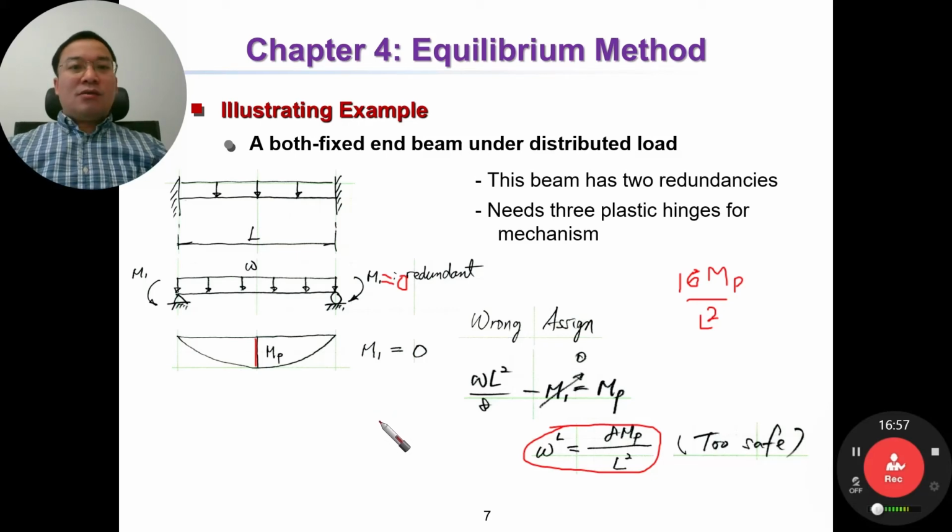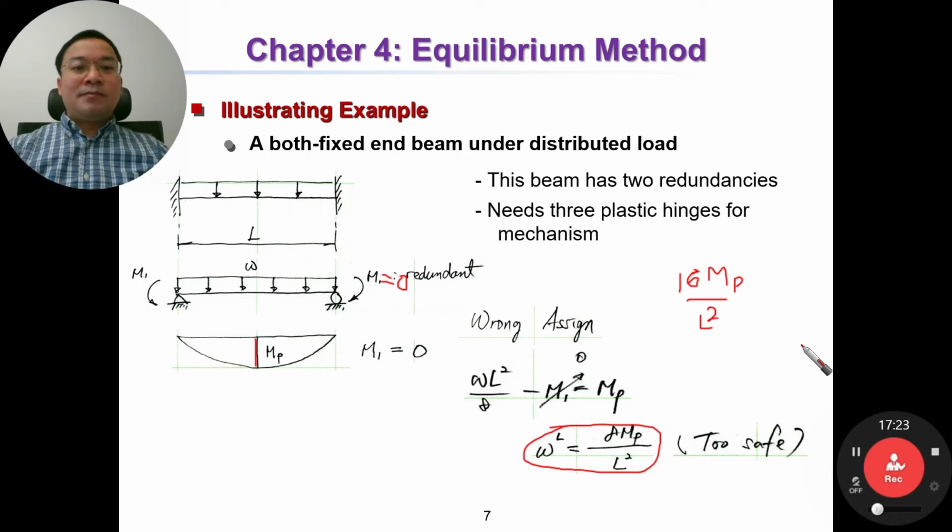Okay, so we use three steps, 1, 2, and 3, to analyze this structure. And now we understand the procedure and the concept of the equilibrium method used in plastic analysis.